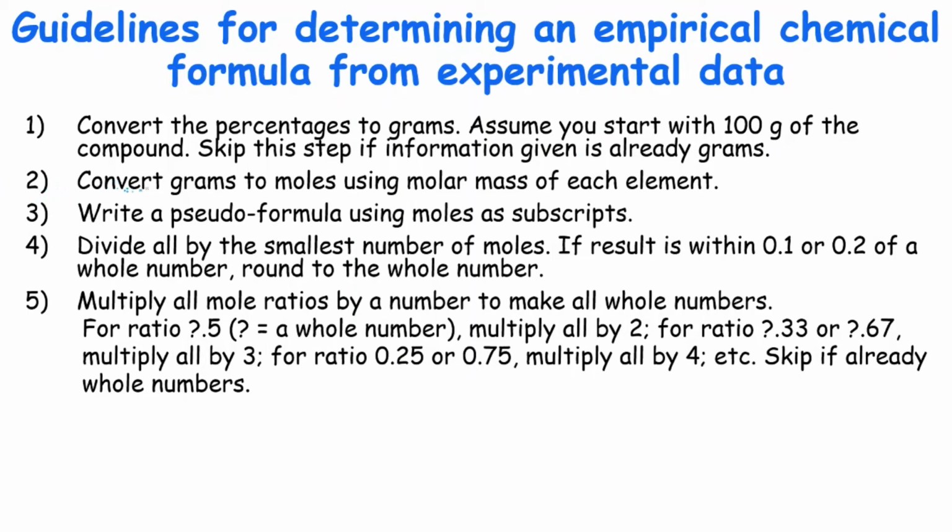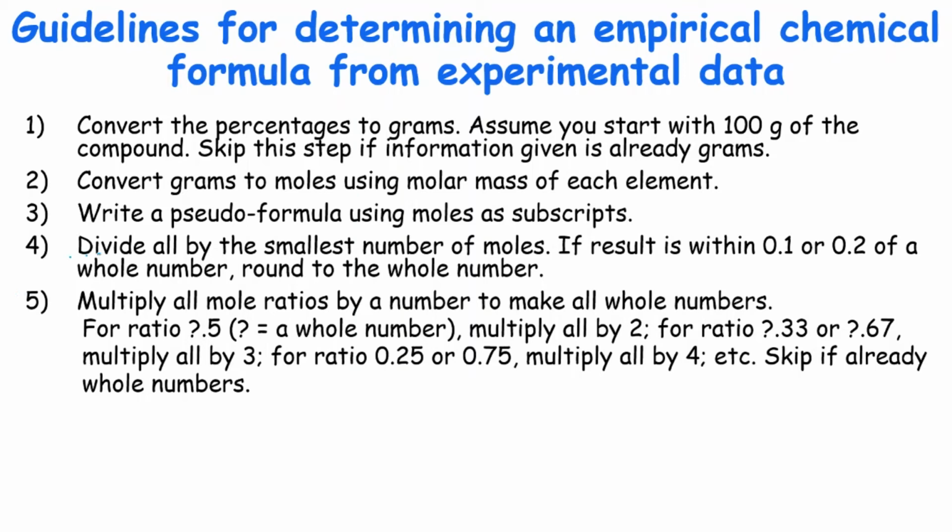Step number 2, we convert grams to moles using molar mass. I'll tell you what molar mass is. Number 3, write a so-called pseudo-formula. A pseudo-formula allows non-whole numbers as subscripts, so it is not a real formula. That's why we call it pseudo.